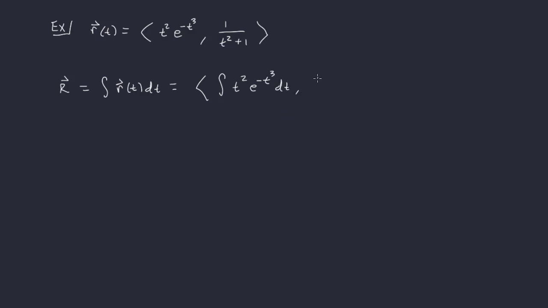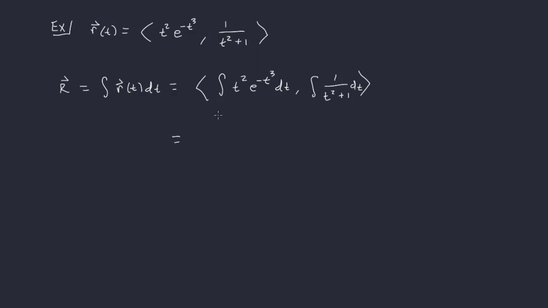Don't forget my dt here, comma the integral of the second term. Okay, so in this first component, this is going to be a u substitution. Our u would be negative t cubed. And I'm going to do a quick u substitution.